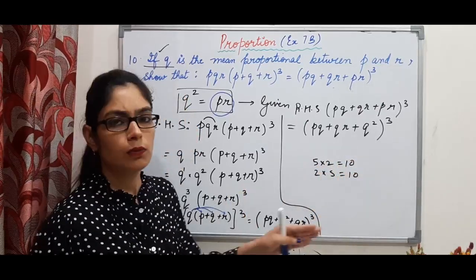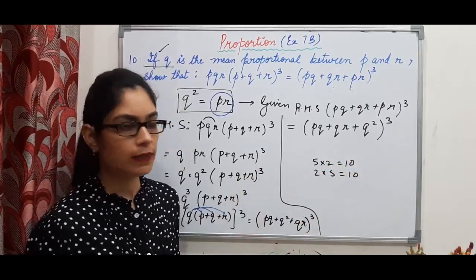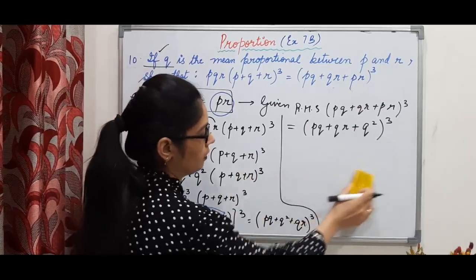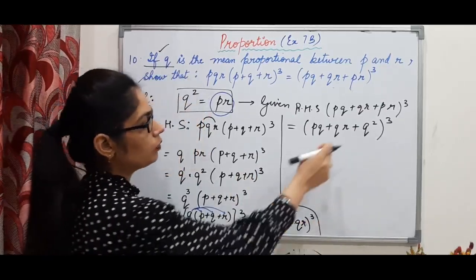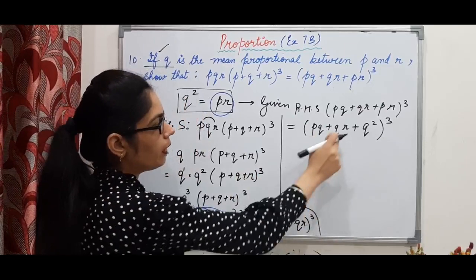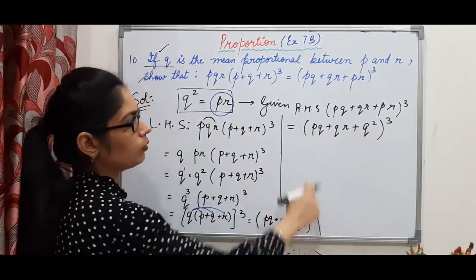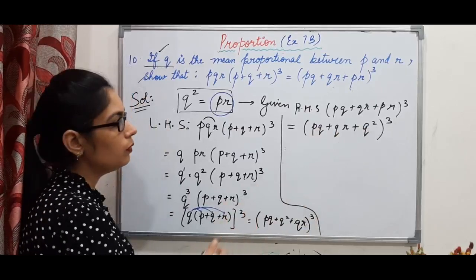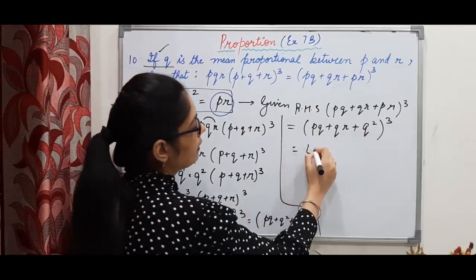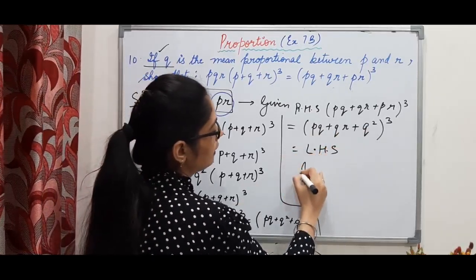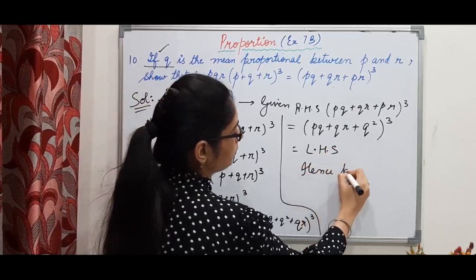So QR and RQ, if I write both ways, it is correct. So PQ, QR plus Q square whole cube. See, this is equal to our left hand side, hence proved.